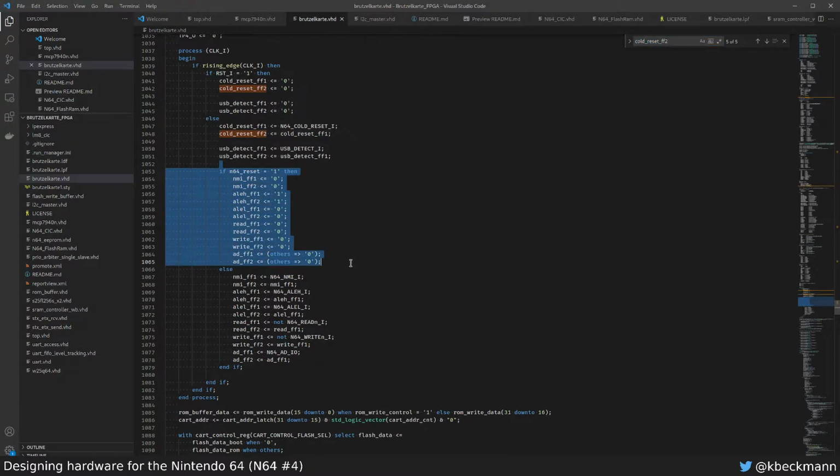Okay, and here's some initial state. So this is actually, I guess, the most interesting thing for me to know. Like, what are the initial output states that I need to handle? So the NMI should be 0, which is interesting.